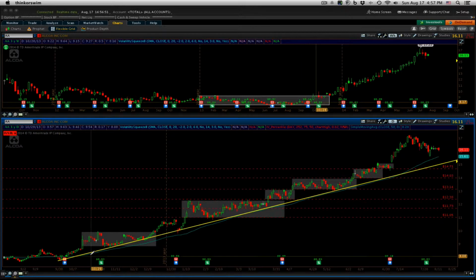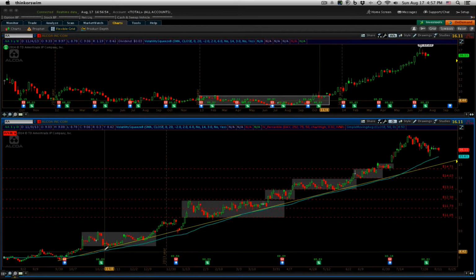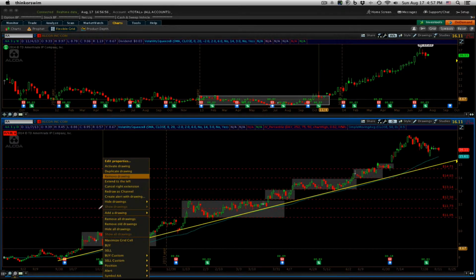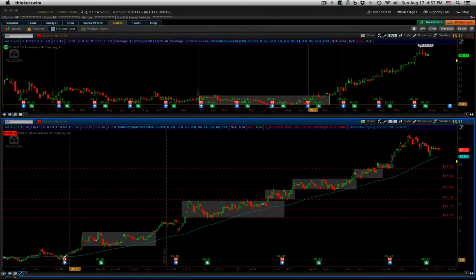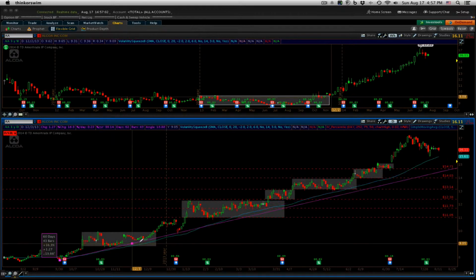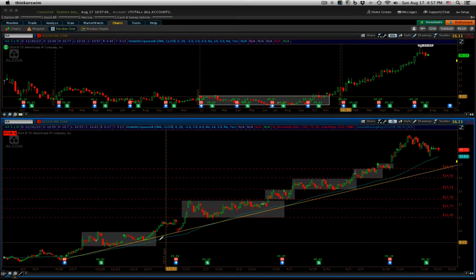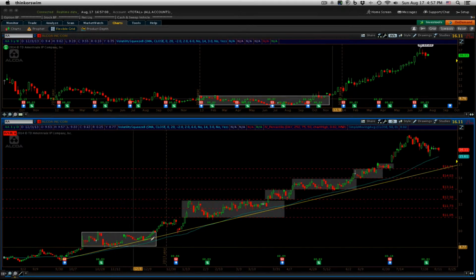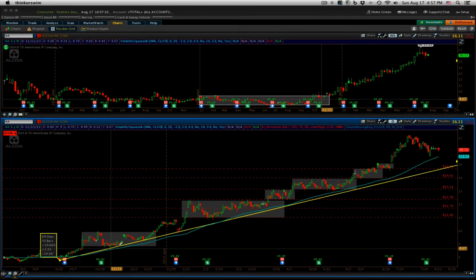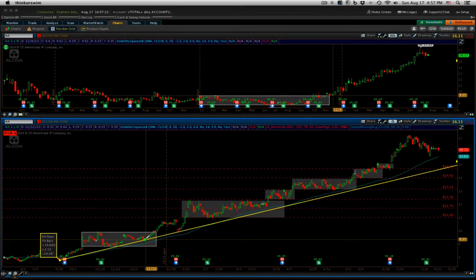So when that happened, let's take this off for now, I said to myself, here is what looks to be a trend. Here was a low, another low, and another low, and they're all along this yellow line. So the stock, in my opinion, was trading higher.